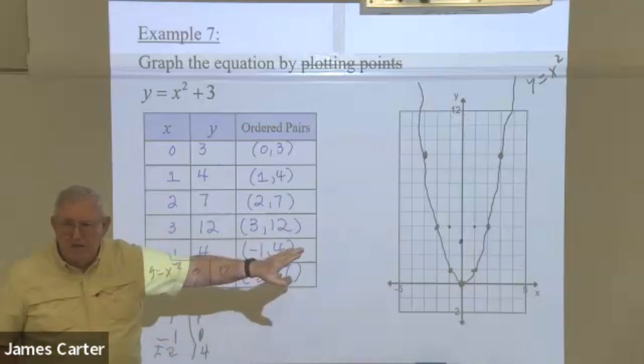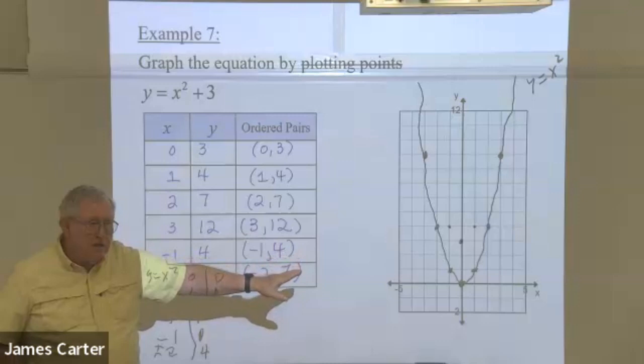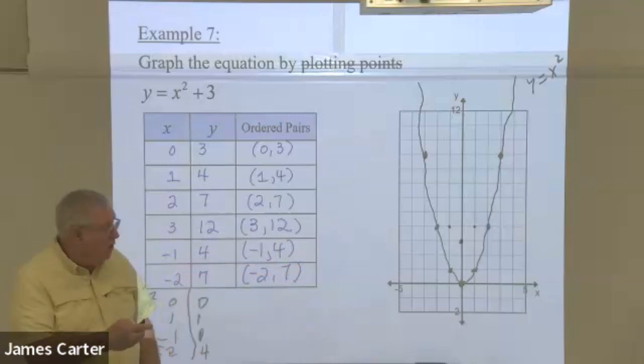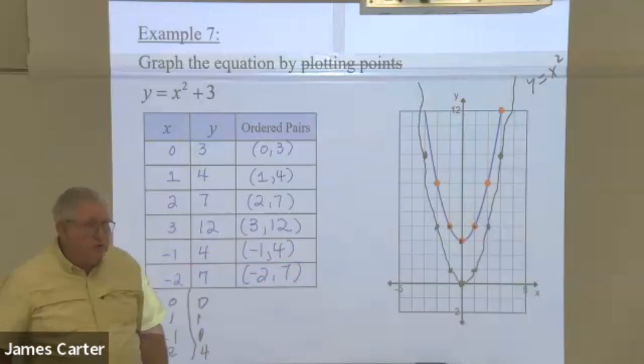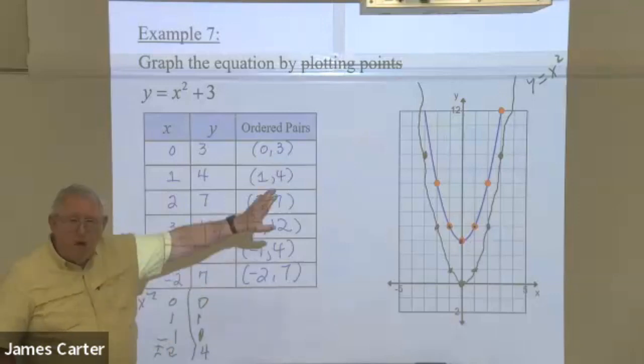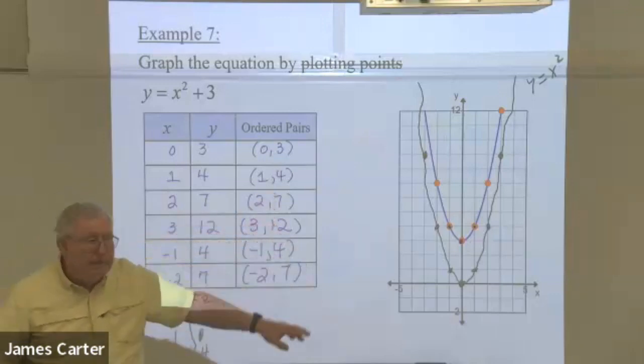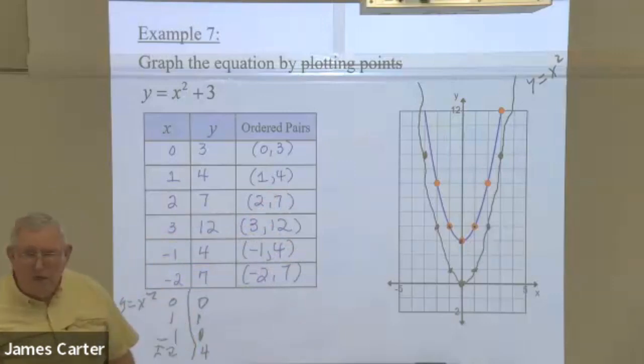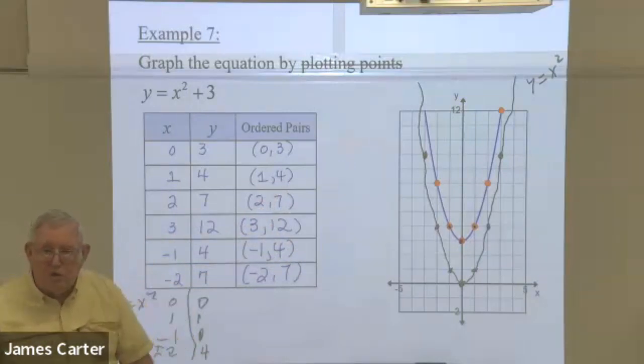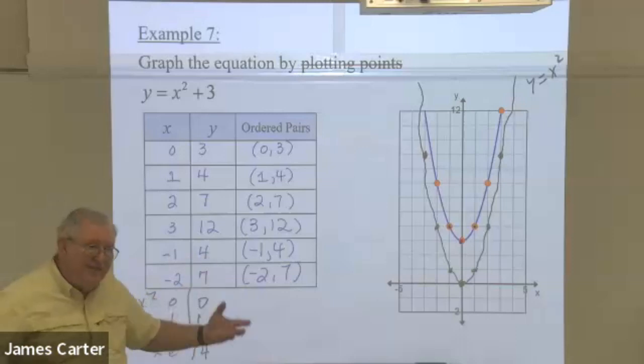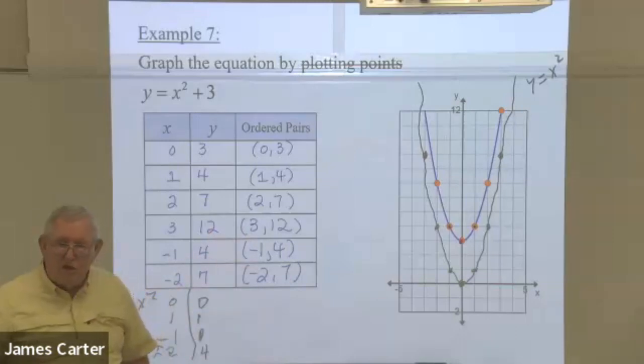Do you understand what I'm talking about? Is there anything I've said on this example so far that might confuse you? But all of these, whether it's an x squared equation or a cube equation or whatever, they fall into this pattern with these transformations.